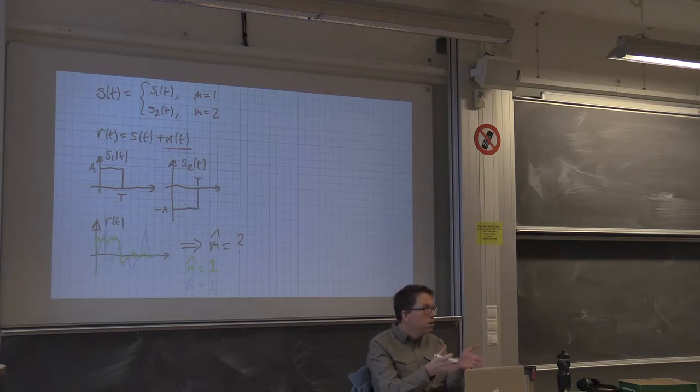Okay. So now we did this with visual inspection, right? But how should we program a machine to do this type of inspection? Well, essentially, what we would like to do is to get the machine to do some type of identification. Look at the distorted signal here and try to figure out, is it closer to S1 or to S2?